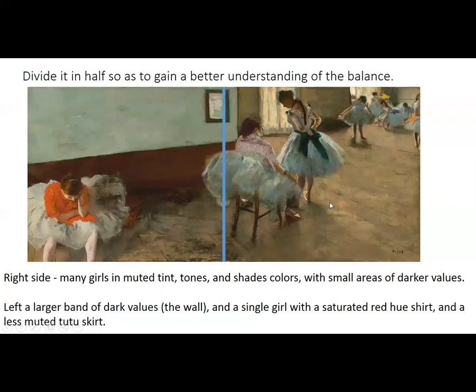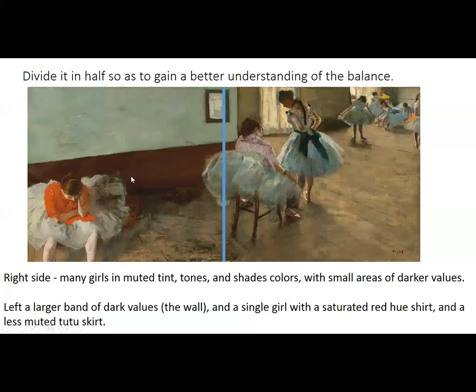So on the right side, we have many girls in muted tints, tones, and shades of color. So most of these colors over here are muted. They've either been mixed with white or black, or in some cases browns. So these colors are muted with the exception of this one little bit of orange here.